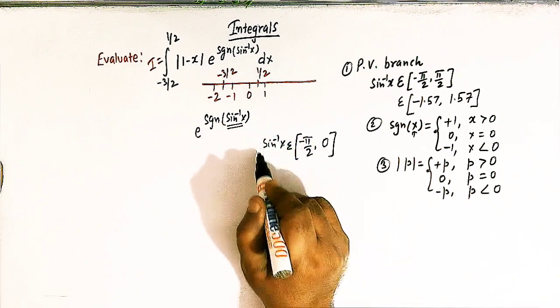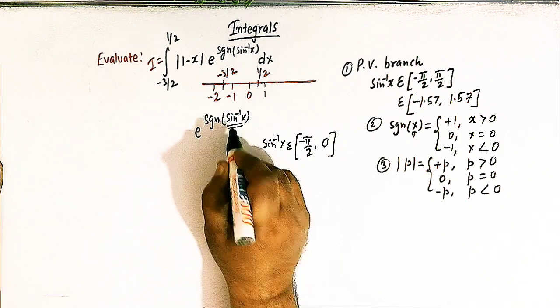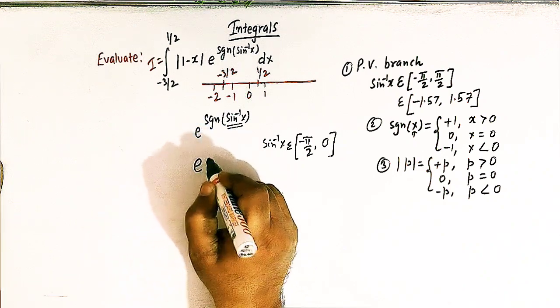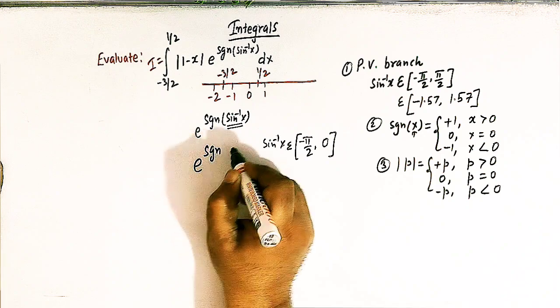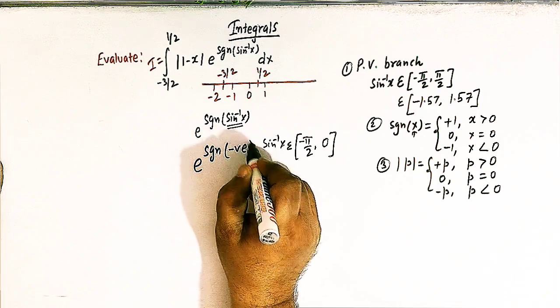So we have e raised to signum of a negative quantity.